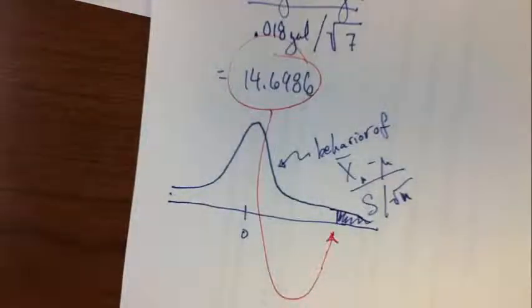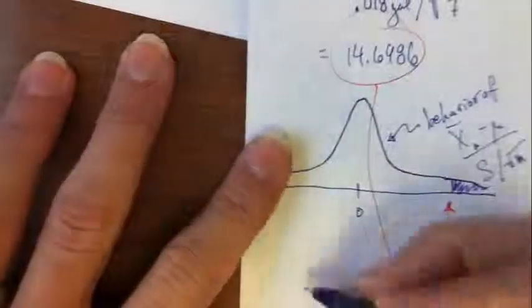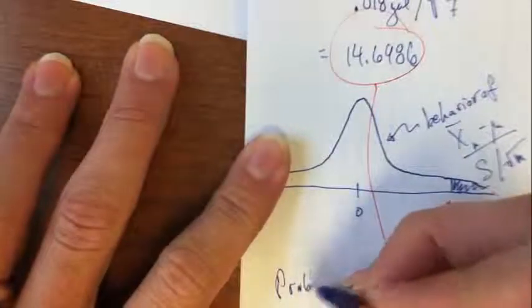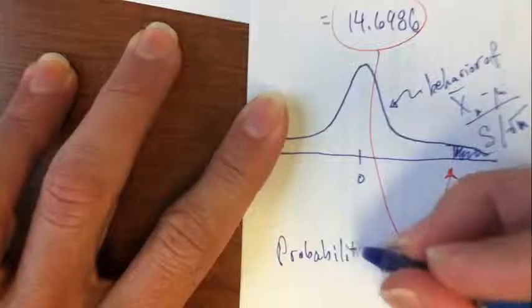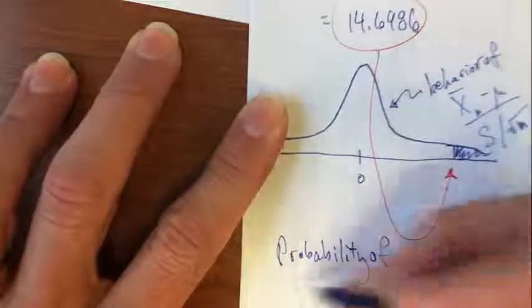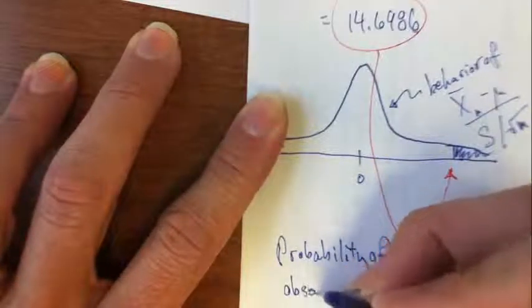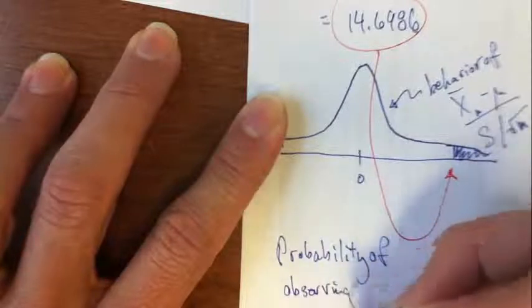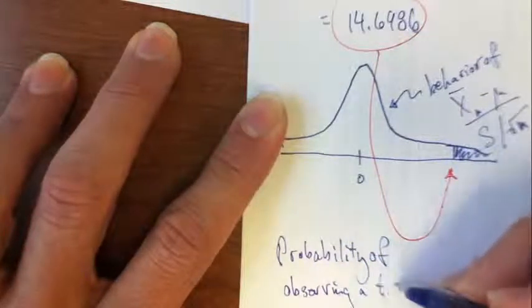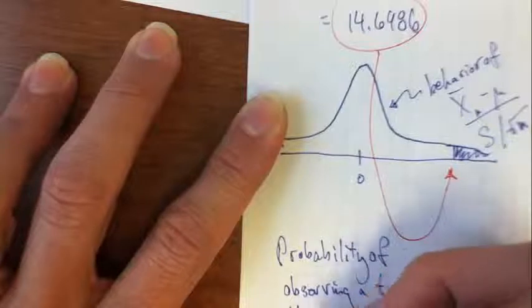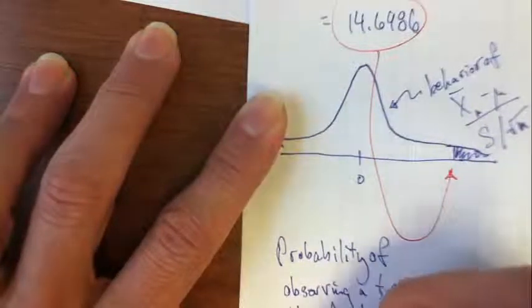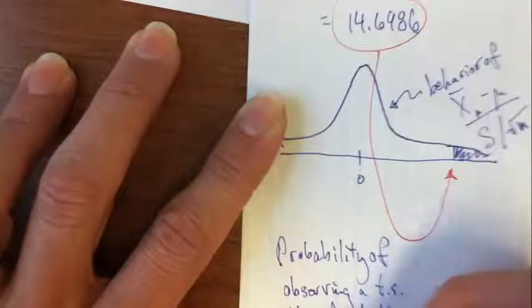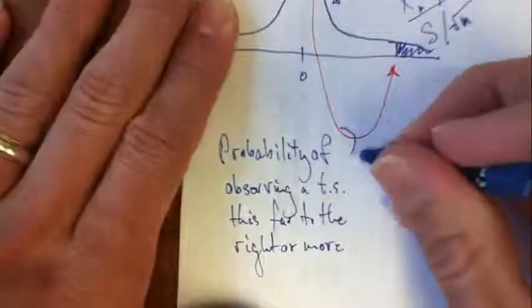So I want the probability of observing a test statistic this far to the right or more.